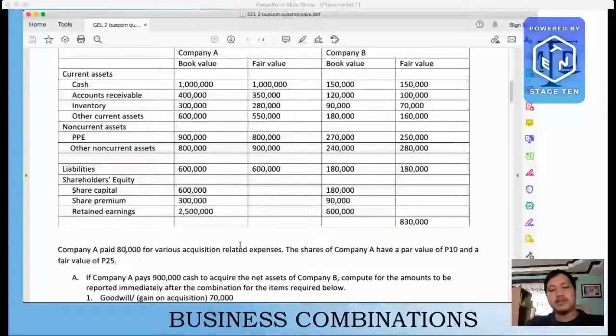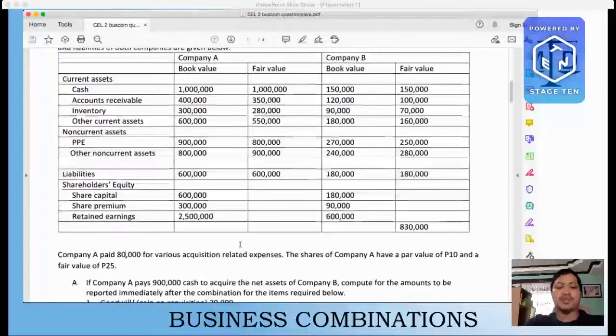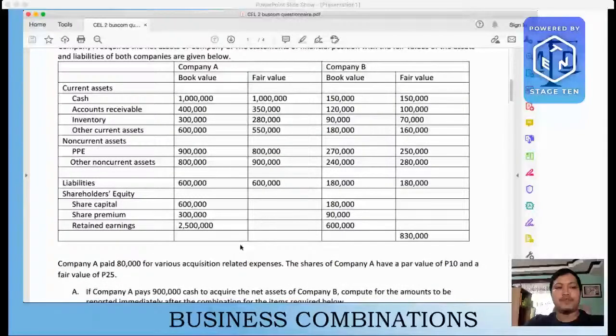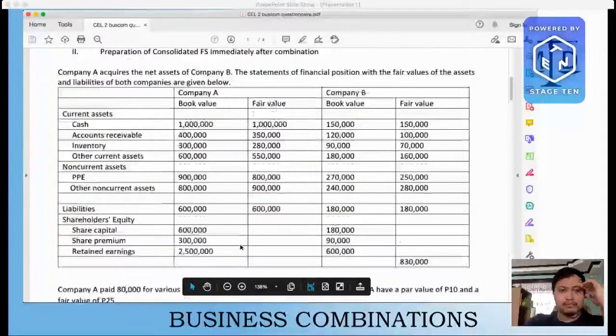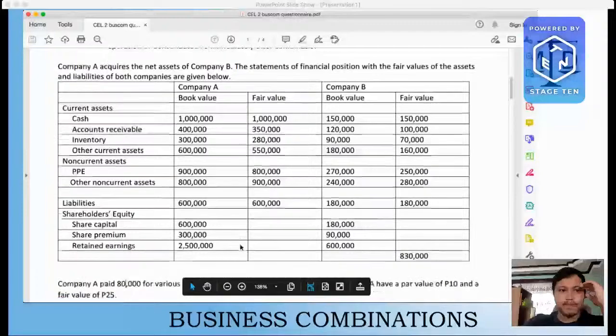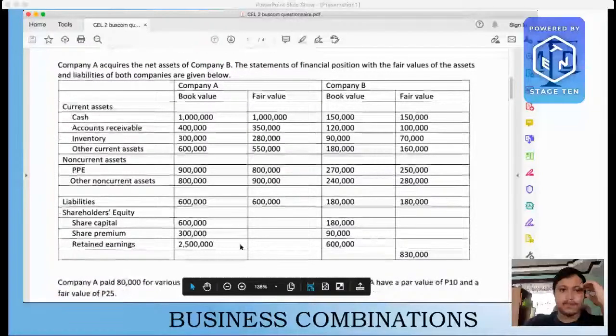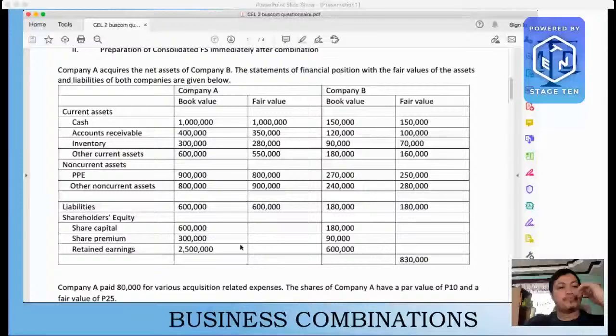But again, let's focus now on the computation of the combined individual assets, class. Okay, so let's skip cash first.